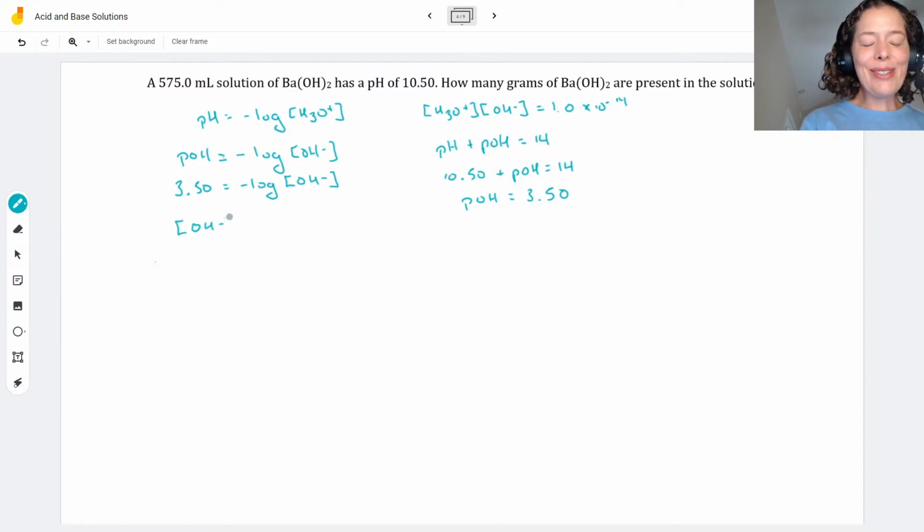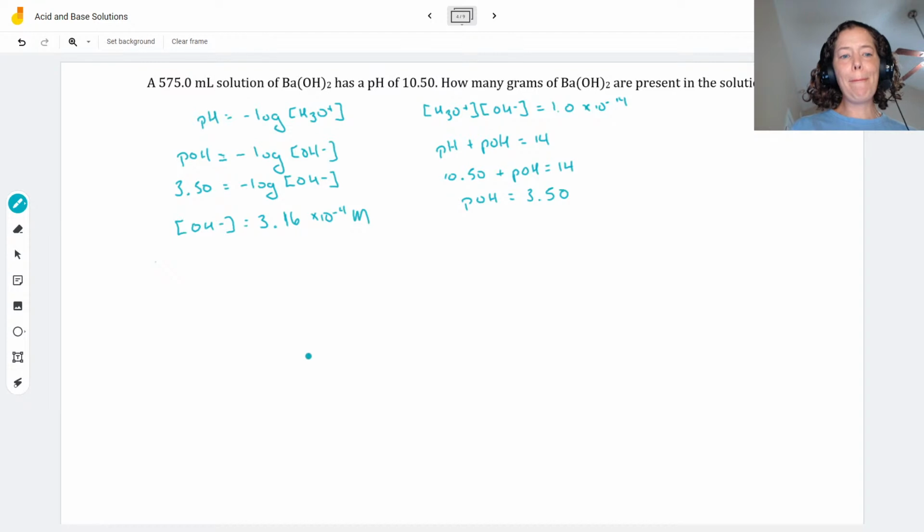So my concentration of hydroxide is 3.16 times 10 to the negative fourth, and that is molarity. Okay, great. So now that I know the concentration of hydroxide that I want, what I am next going to do is figure out, all right, so if that is my concentration, how many moles of barium hydroxide do I need to get that concentration?